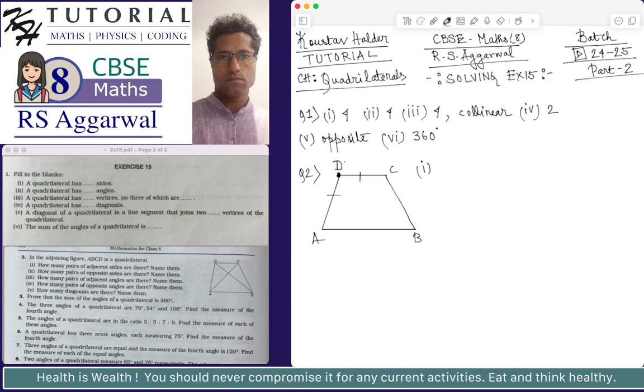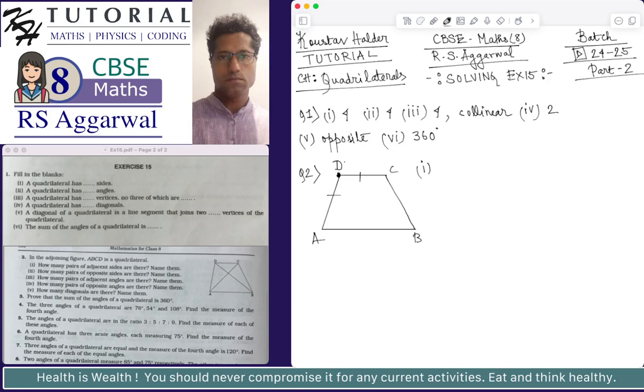Similarly, for every vertex you will get a pair of adjacent sides. For vertex D we have AD and DC. For vertex A, we will have AD and AB. For vertex B, we will have AB and BC. And finally, for vertex C, we will have DC and BC.